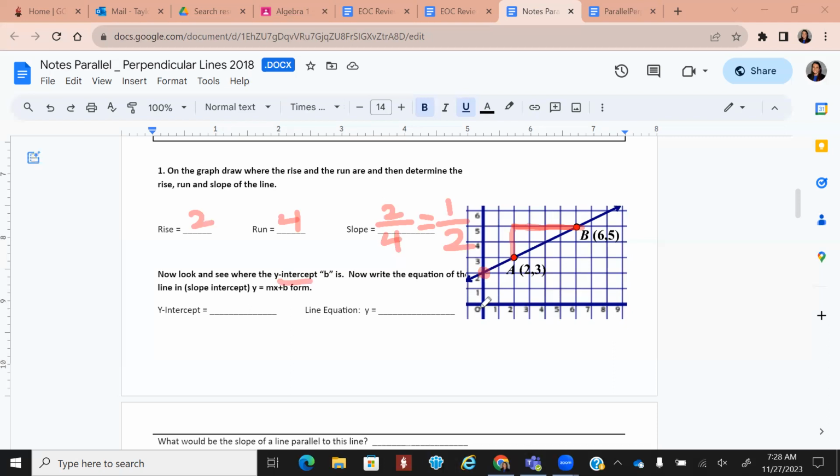Where does it cross the y-axis? At 2. So if we wanted to write out this equation, we would say y equals 1/2 x plus 2. This is our slope, and this is our y-intercept.